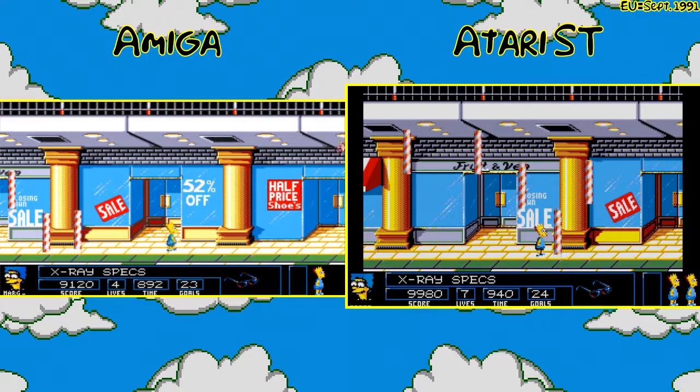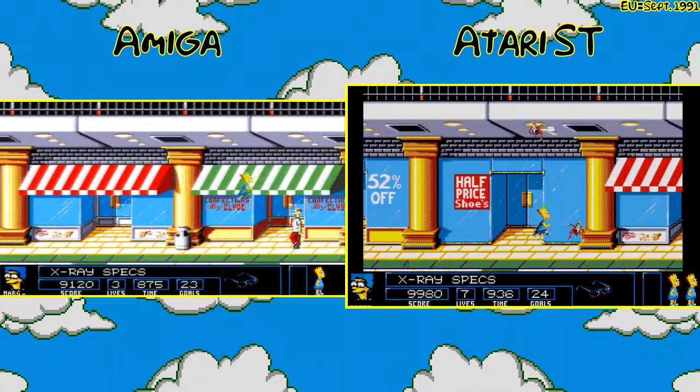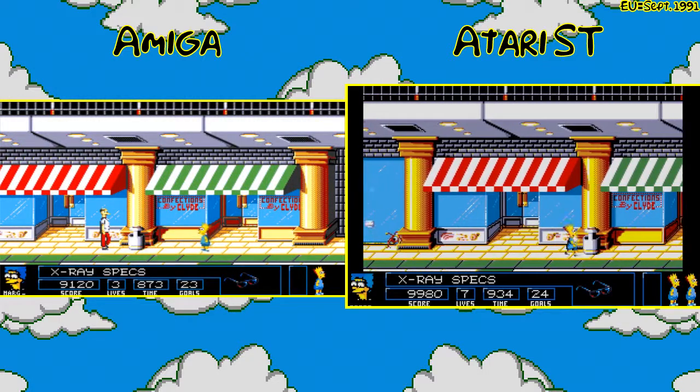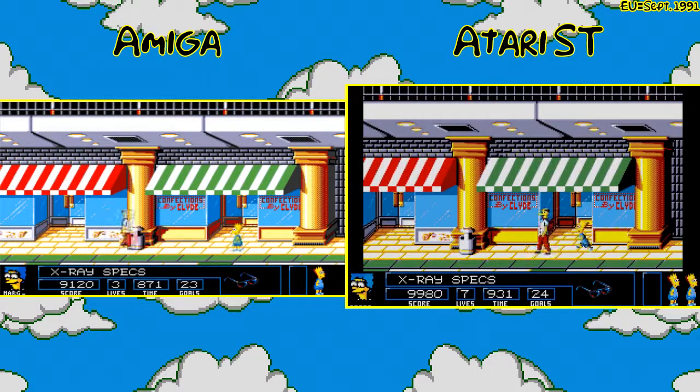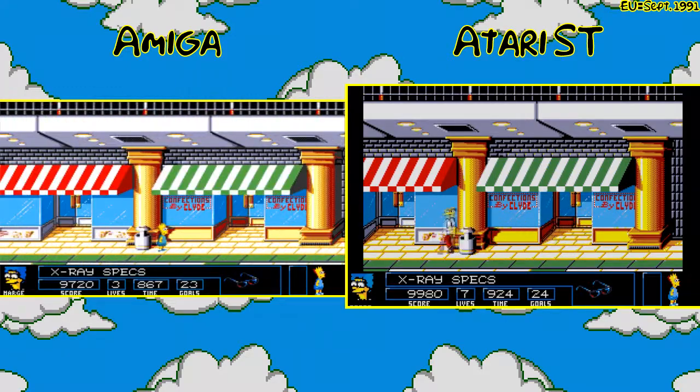But other than that, you can just go ahead and watch the rest of the mall until we move on to the next floor.